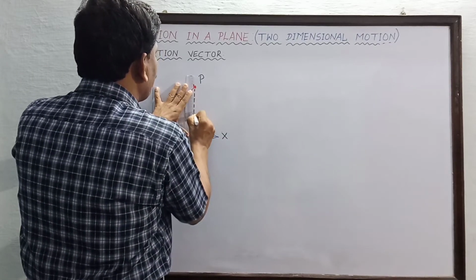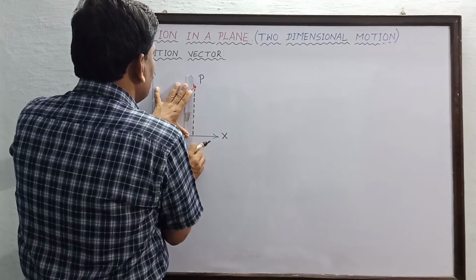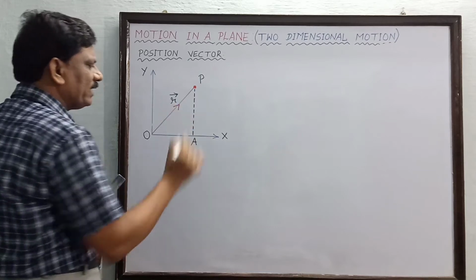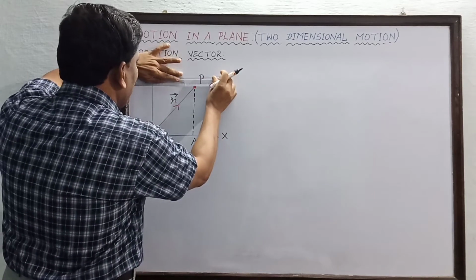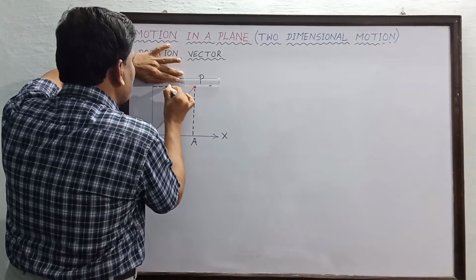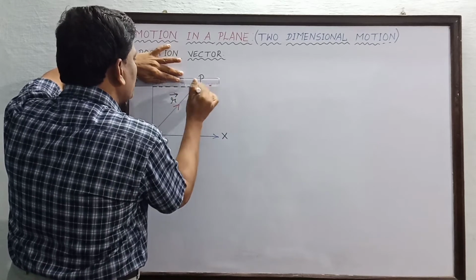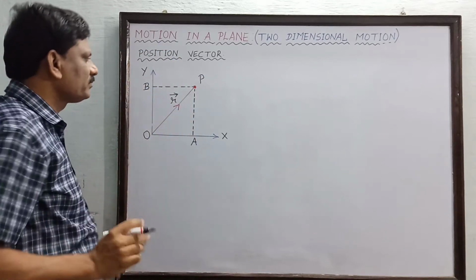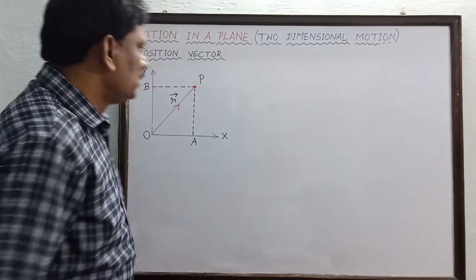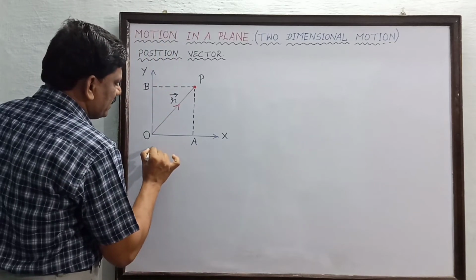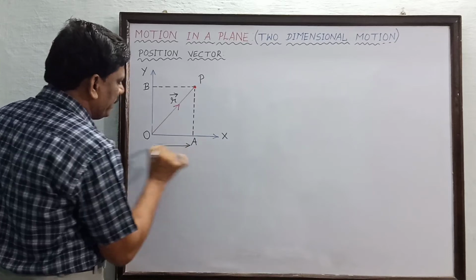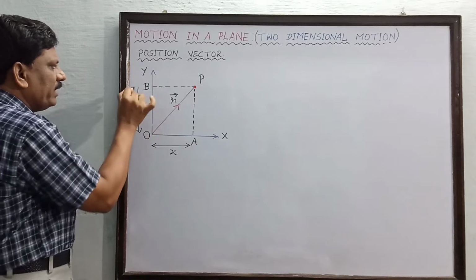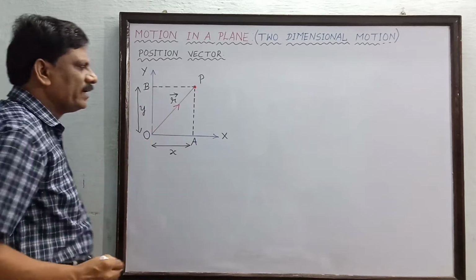So the position of the particle is now projected on the x-axis and this point is denoted as A. Similarly, I project the position of the particle on the y-axis, and this point is B. Now this distance O to A is small x and the distance O to B is small y.